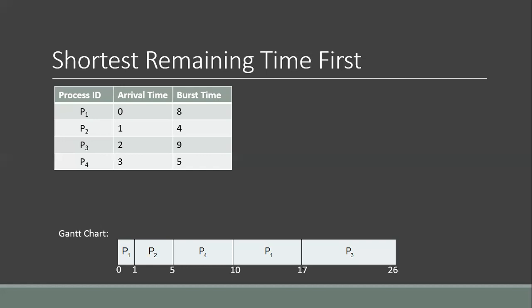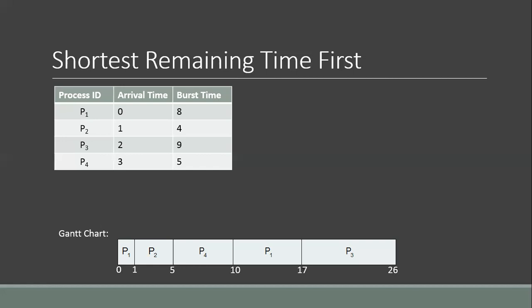We will preempt the process P1. We will take back the CPU from process P1 and put this process P1 back in the ready queue. And process P2 will be given the control of the CPU. So at time 1, process P2 will start executing on the CPU.